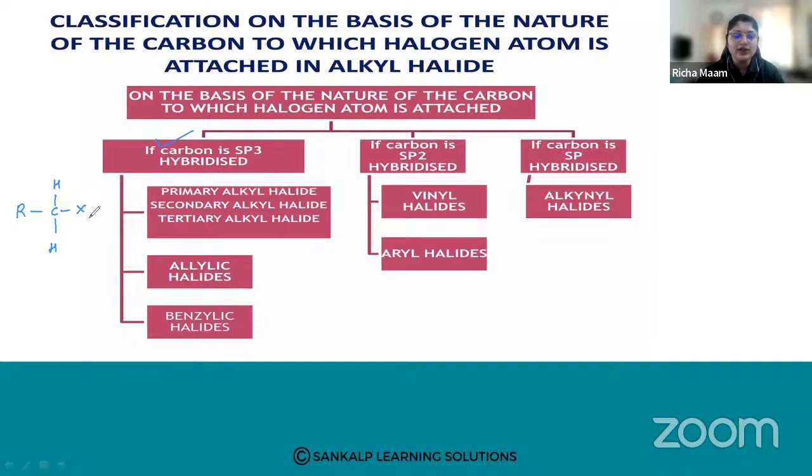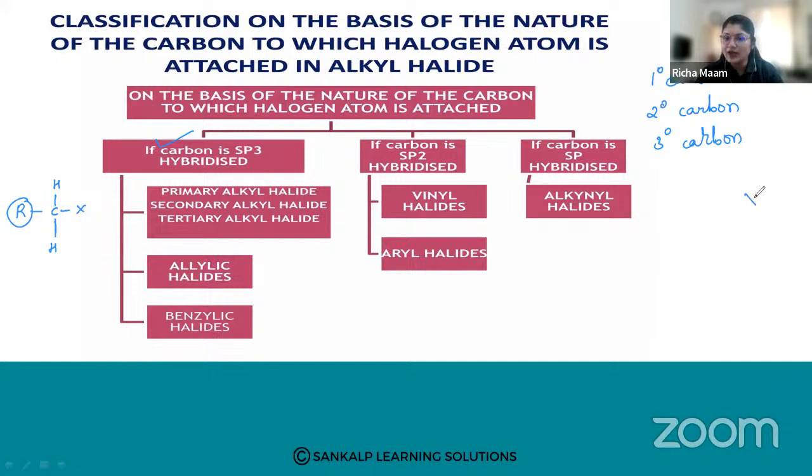Here the halogen atom is bonded to an alkyl group, and on the basis of the carbon to which it is attached, it is either a primary alkyl, secondary alkyl, or tertiary. Now, do you know what is meant by primary carbon? First, I will teach you that: primary carbon, secondary carbon, and tertiary carbon.